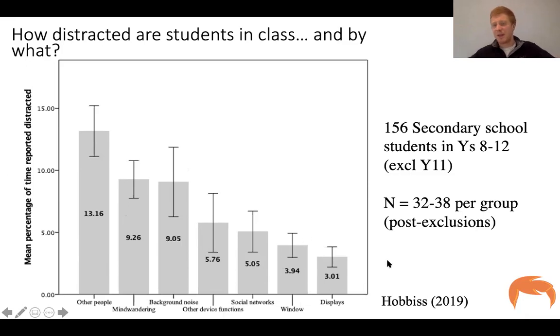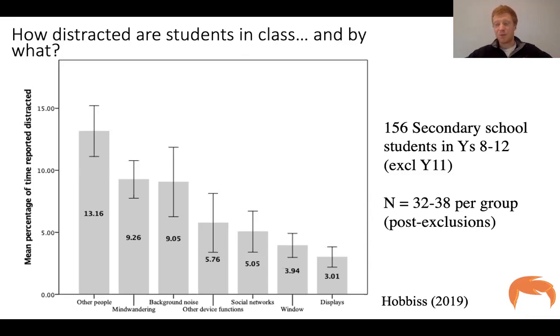Now, clearly there are methodological issues with the possible accuracy of students estimating the amount of time that they are distracted in the classroom lesson. So I wouldn't place too much store by the absolute accuracy of each of these numbers, but I do think there's a lot to be learned from them.